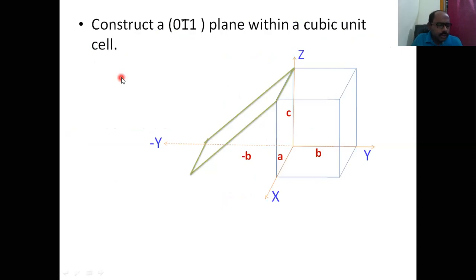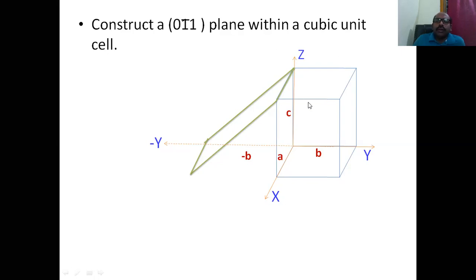Another one is this. We are asked to construct a plane given with the Miller indices within a cubic unit cell. These are the Miller indices of a plane, and we have to construct the plane within a cubic unit cell.